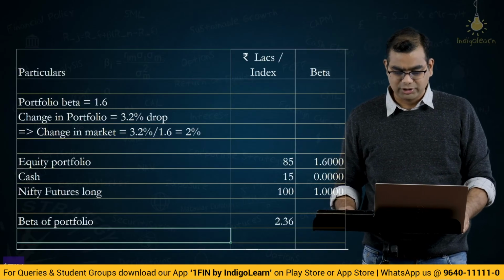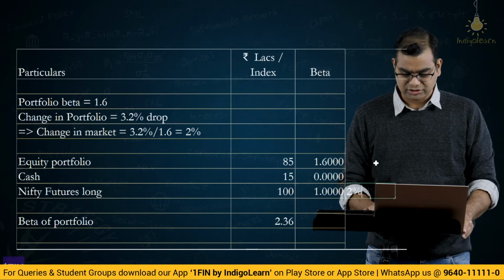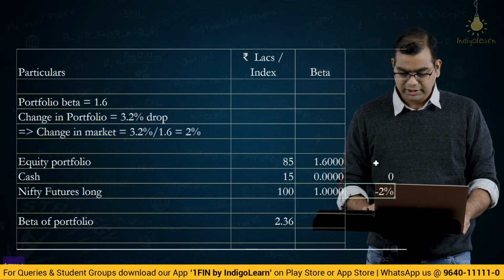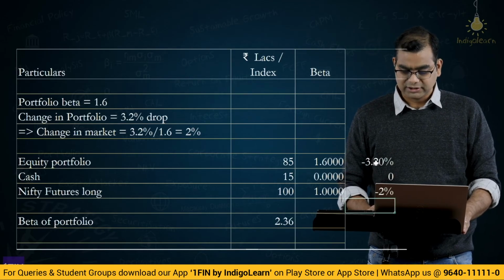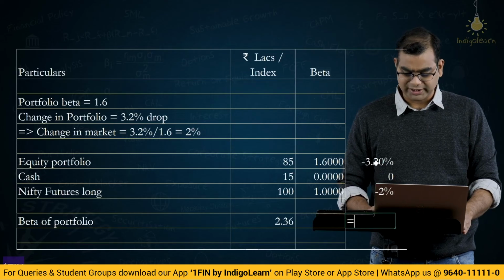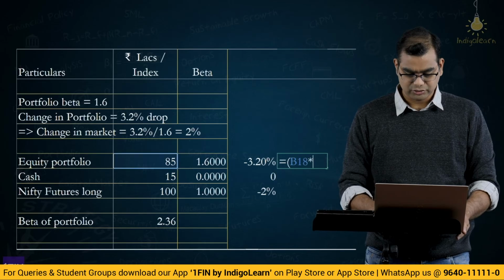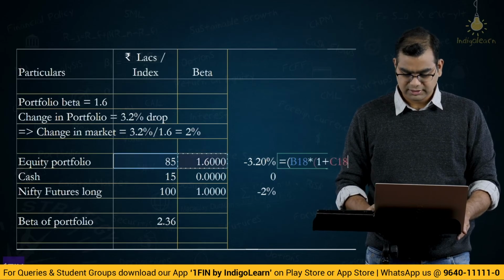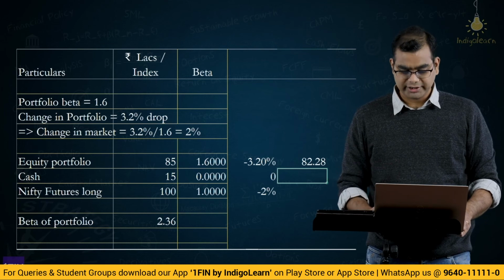So what you will do is, here there is a 2% change. So you will put here minus 2%, then 0, here you will put minus 3.2%. And then you will say the total change in the portfolio value is 85 into 1 minus 3.2%, that is 85 has come down to 82.28.